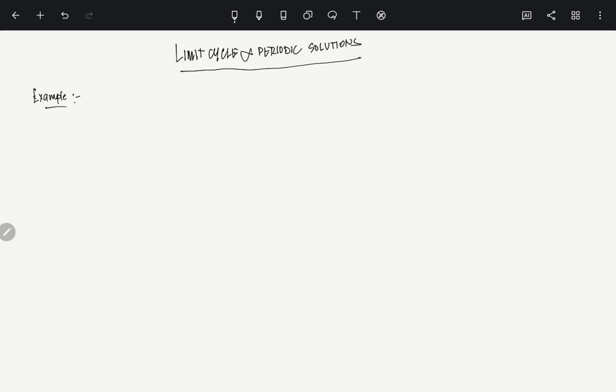Let's look at a non-linear differential system. Since here we are basically not really interested in linear systems anymore, we are doing the non-linear part.